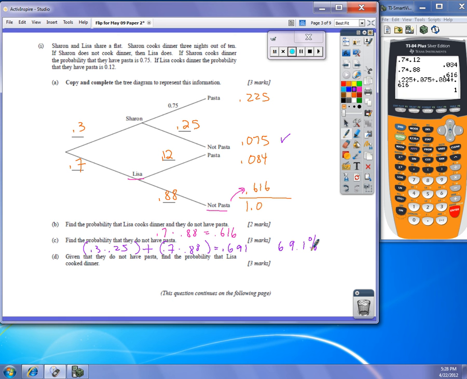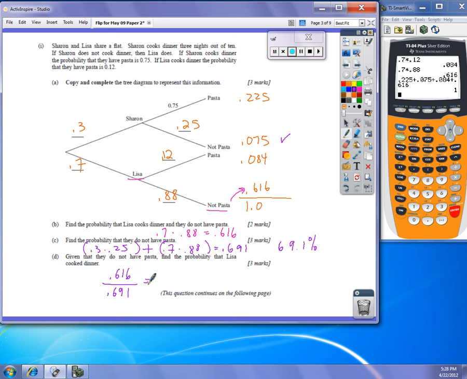Okay, given that they don't have pasta, find the probability that Lisa cooked dinner. Well, what's the probability that they don't have pasta? 0.691. You're going to put that in the denominator. Given that they don't have pasta, what's the probability that Lisa cooked? That's 0.616.